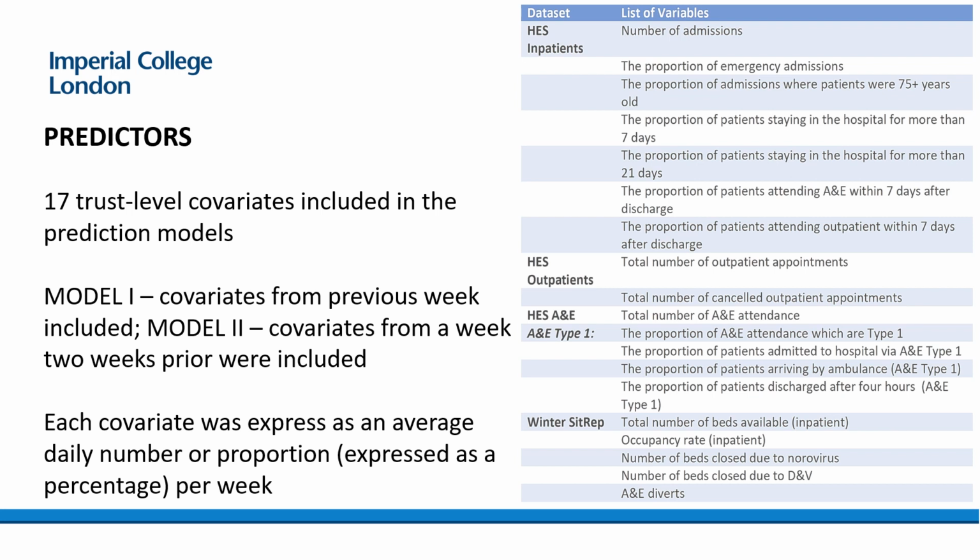We included various variables, like from Hospital Episode Statistics inpatients data, the number of admissions and the proportion of patients staying in the hospital for more than 7 days; from HES outpatients, the total number of outpatient appointments; from HES A&E data, the total number of A&E attendances, while the rest of the A&E related variables were related to type 1 department, which is a consultant-led 24-hour service with full resuscitation facilities and designated accommodation.